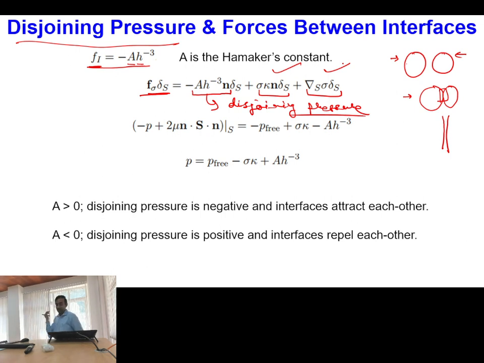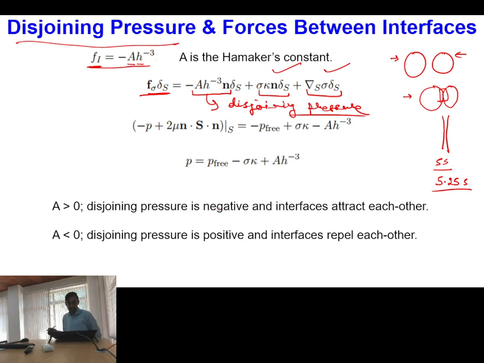So say this merging is taking place in 5 seconds in the absence of disjoining pressure in your simulation. In the presence of disjoining pressure, it may take place at say 5.25 seconds. I am not saying this will change by a significant amount, but because of the disjoining pressure, there will be a small change in the time period of coalescence.